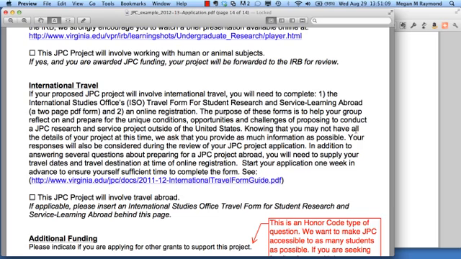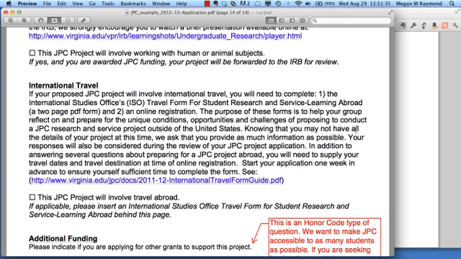If you were in one of those countries, UVA would need to know where you are, to know if you're safe. So this ensures that they have all your contact information. It's also requiring you to go through some basic questions to make sure that you'll be competent in another culture. And they're good things to think about.